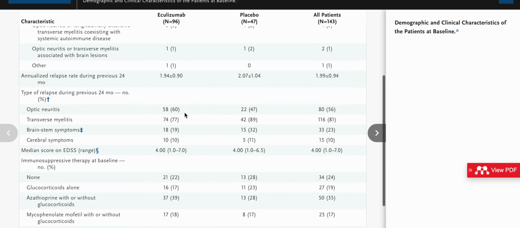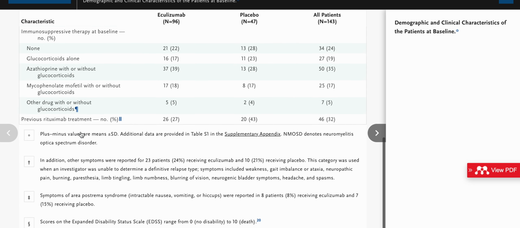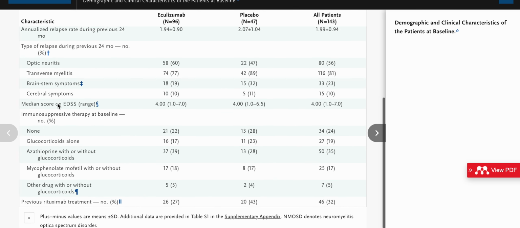These are the total number of people who have got relapses in the form of optic neuritis, transverse myelitis, or brainstem symptoms and everything, right? Here they have median score of EDSS, right, with range. So basically, for the baseline characteristics, what we can do is firstly the EDSS score, and then we can enter these values. So I would just show you how it is done.